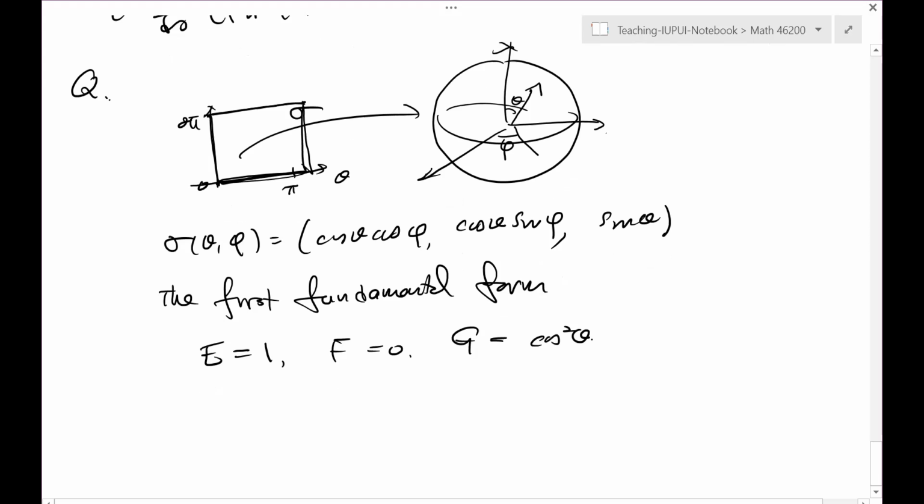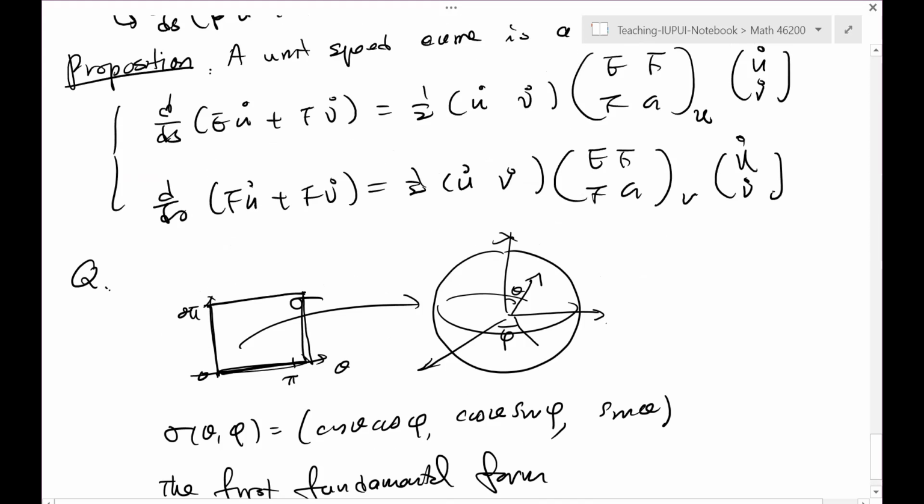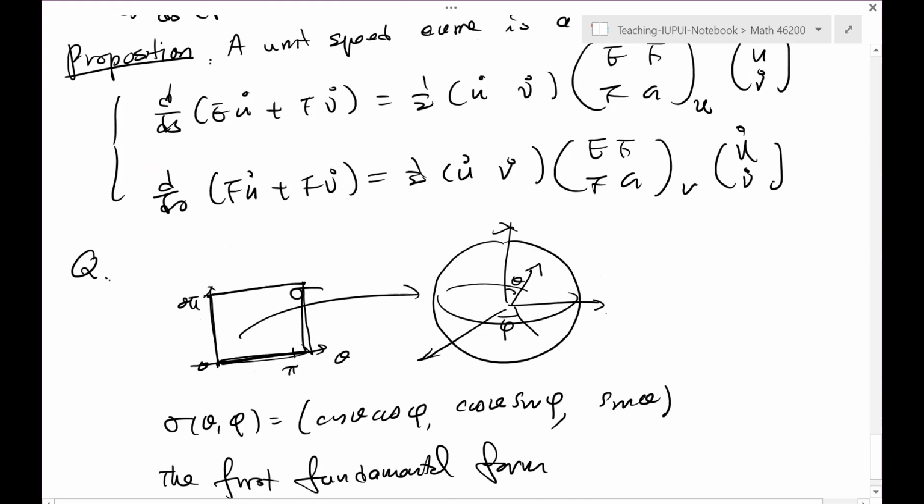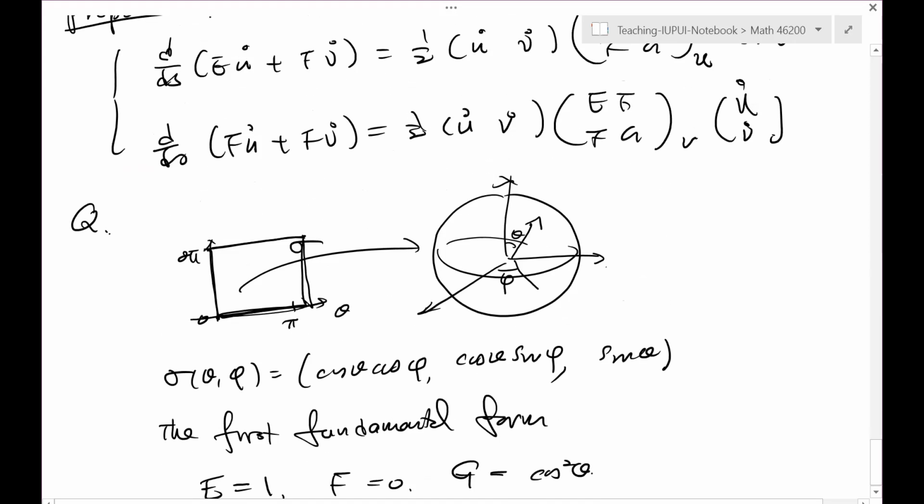This is already known, I don't need to repeat it. So I'm going to talk about this. You see, the second proposition looks better in order to study the geodesics.